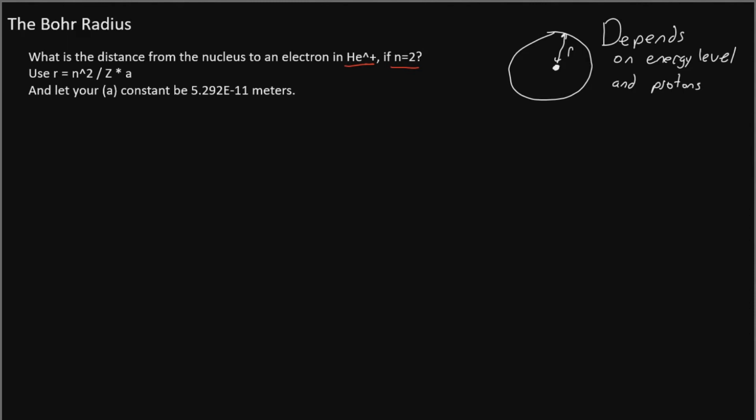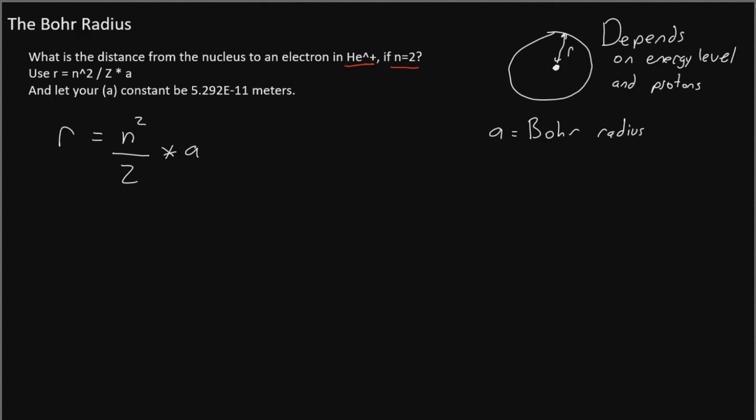The equation we use to find the distance between the nucleus and the electron is R equals N squared over Z times A. A is called the Bohr radius.